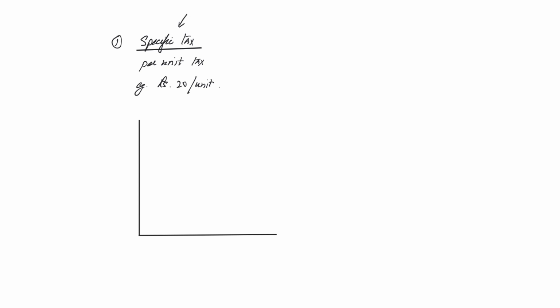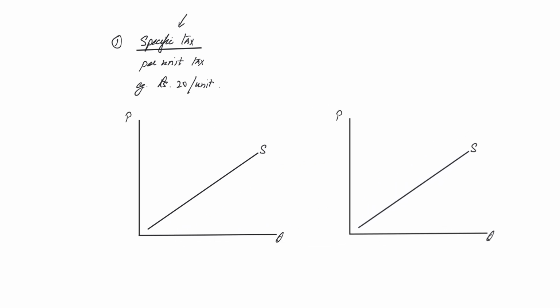So the way the diagram is going to look for this is how you make it. Let's suppose for the first unit the price was 10 rupees.